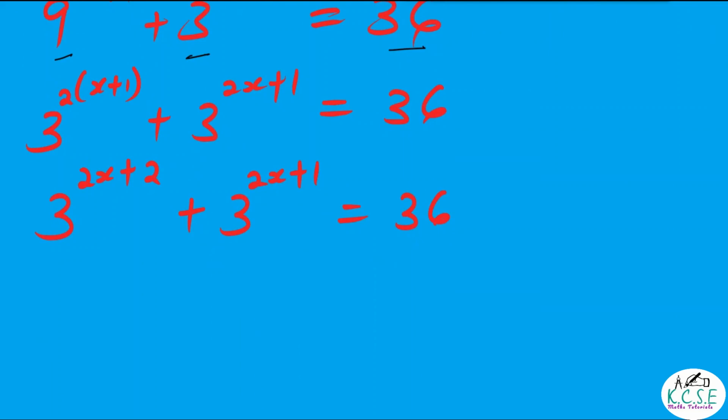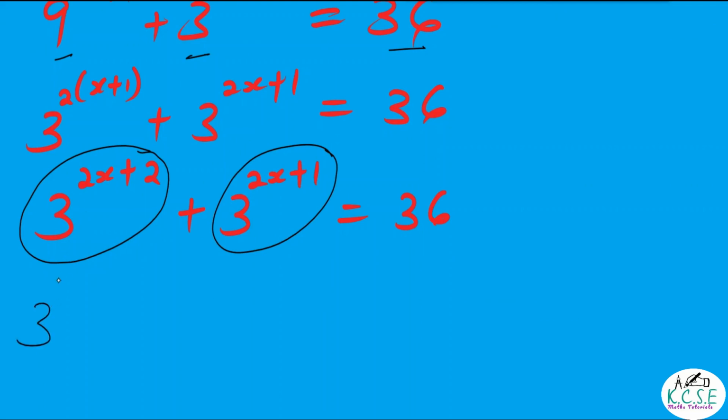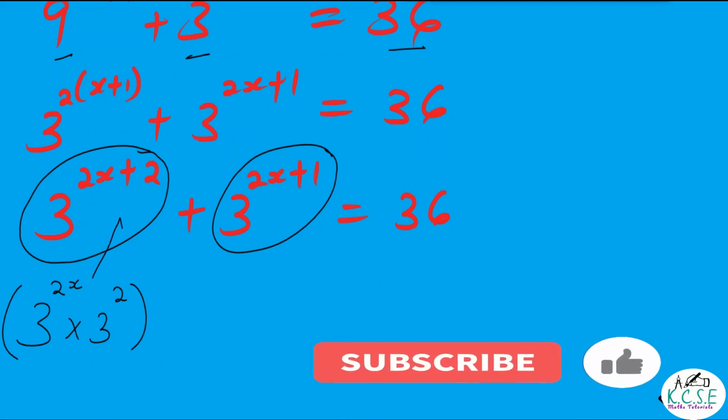So the next thing we're going to do is to split these, by doing 3^(2x) multiplied by 3 raised to power 2. This is the same thing as these.